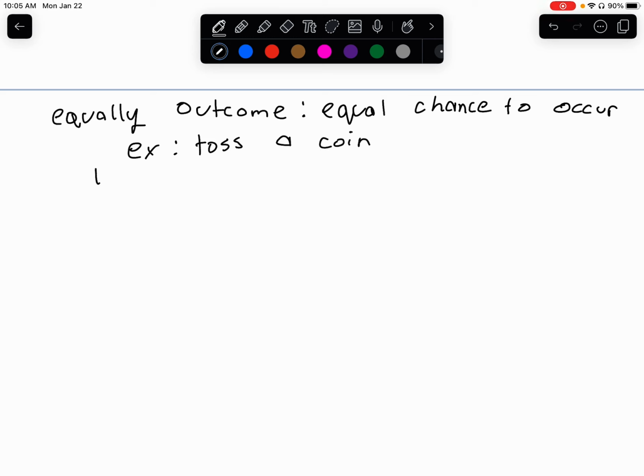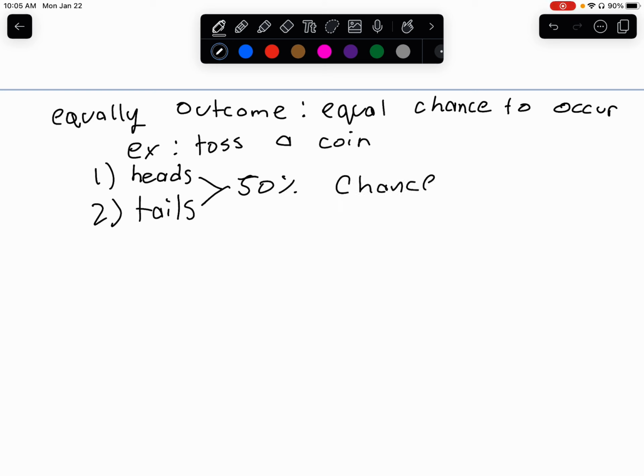The two possible outcomes are heads or tails, so each has a 50% chance to occur.